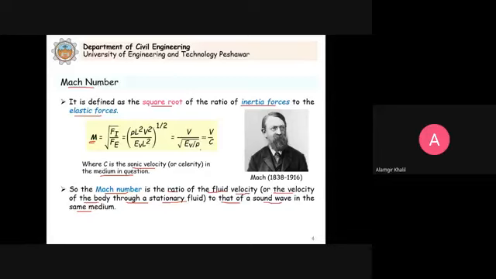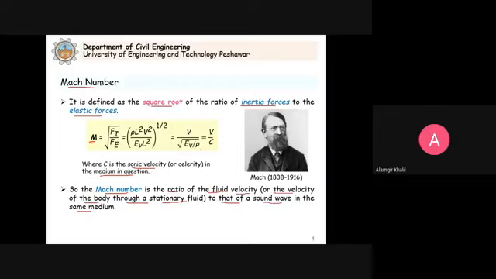So when we consider compressibility of the fluids, for example, we studied the water hammer. Also, we can study compressible fluids, but actually that chapter is not part of your syllabus. In that case, we have to consider this Mach number.